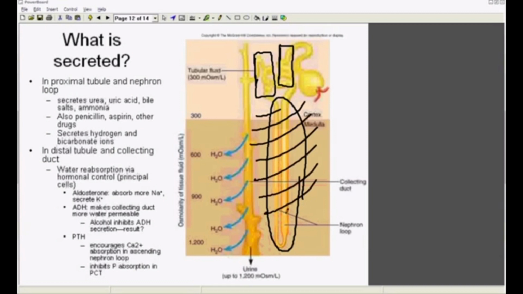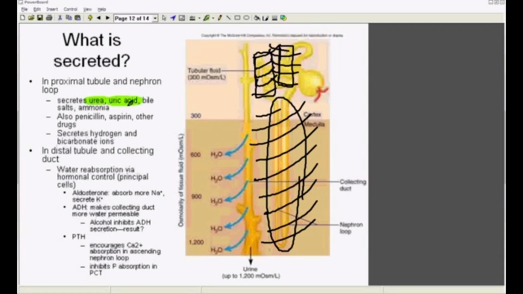Remember, the peritubular capillaries surround all of this here. There's peritubular capillaries surrounding the convoluted tubules here. This is our one last chance to actively pull stuff out of the peritubular capillaries and put it into the forming urine. We can literally secrete substances from the blood into the forming urine.